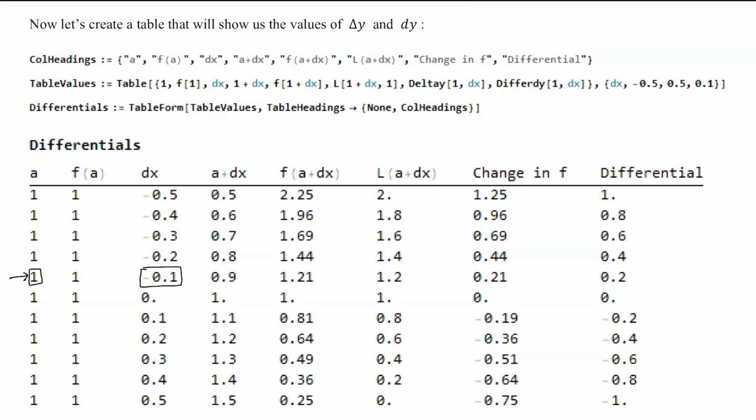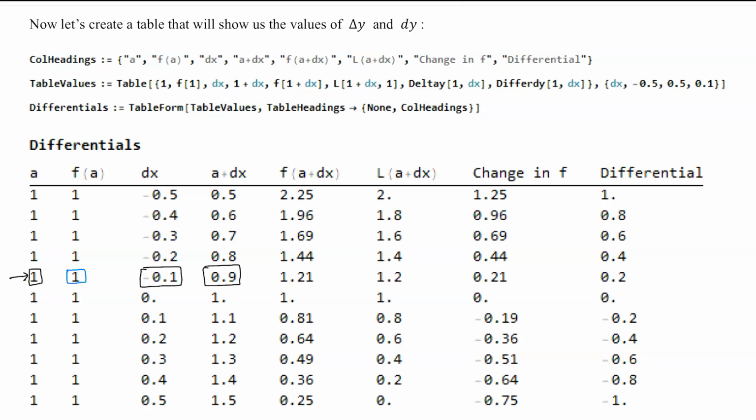So first of all, I'm at my tangent point 1, 1, and when I make my dx negative 0.1, which I had done in the example, my x-coordinate now moves from 1 to 1 minus 0.1, and now my x-coordinate's at 0.9.